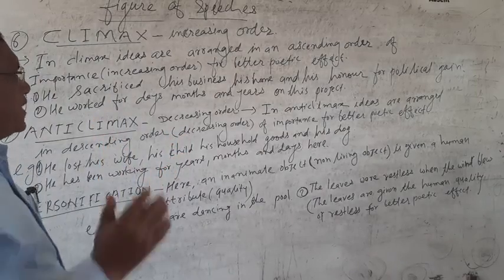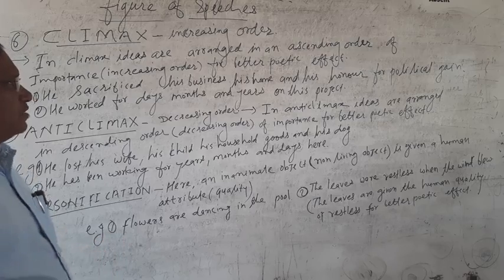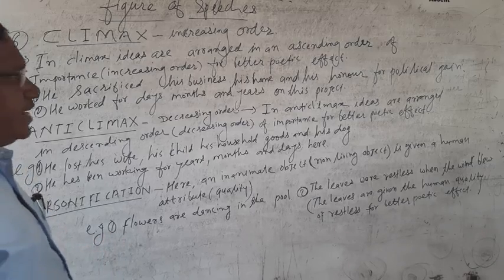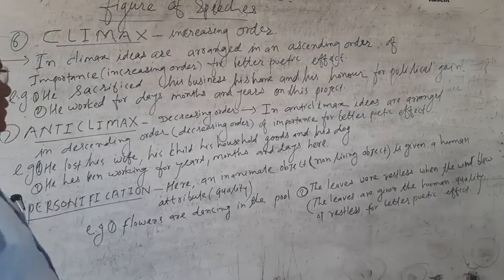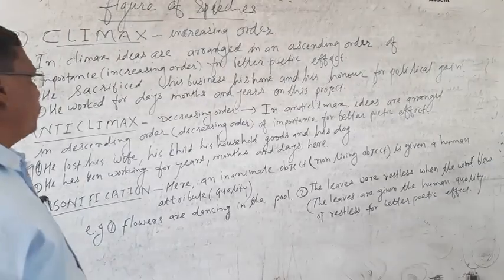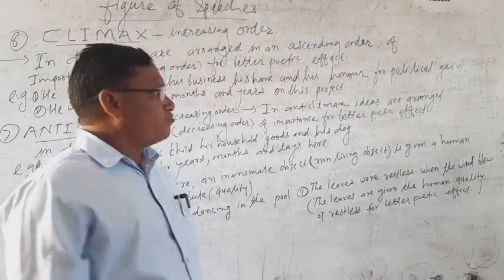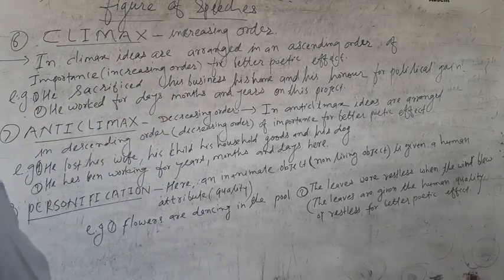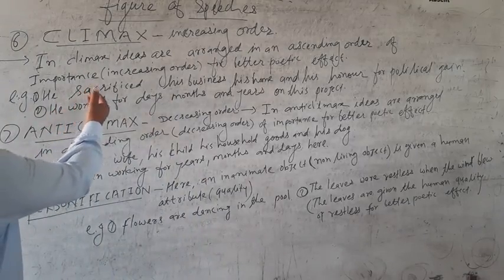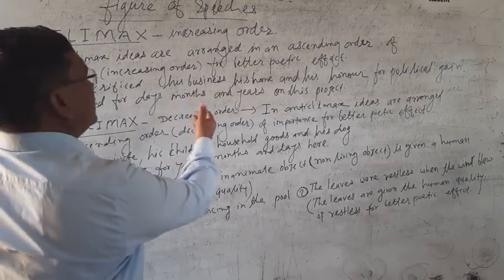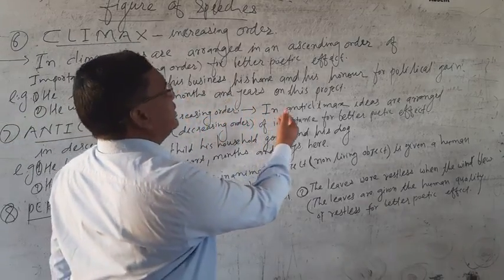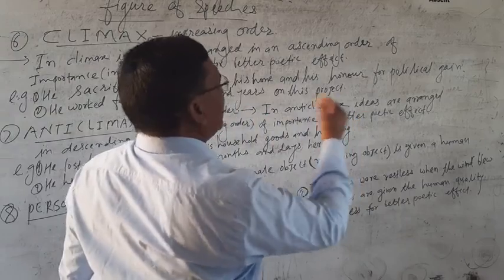In climax, these ideas are arranged by the poet in an ascending order of importance for better poetic effect. Now see here, what is the example? He sacrificed his business, his home and his honor for political gain.